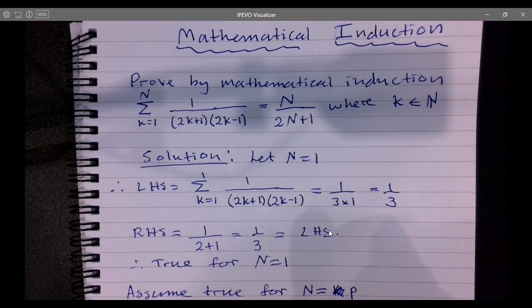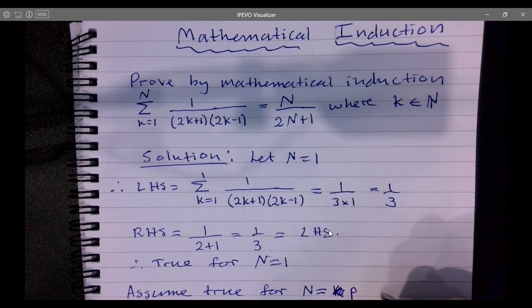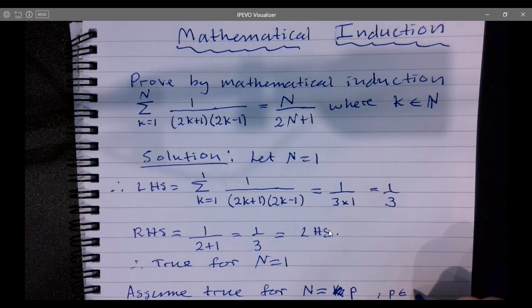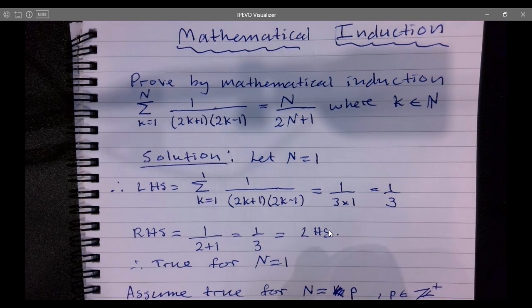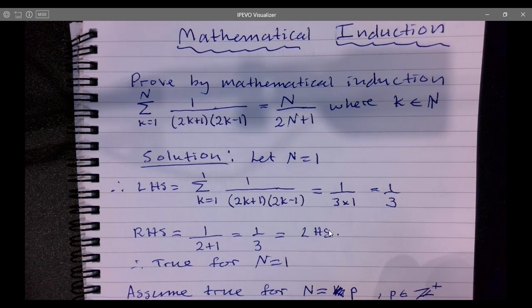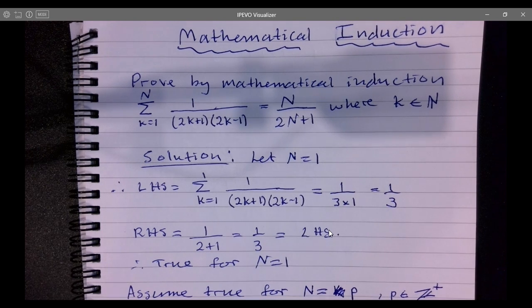So suppose that the sum from k equals 1 to p, where p is a positive integer, of 1 over (2k plus 1)(2k minus 1) is equal to p over 2p plus 1.